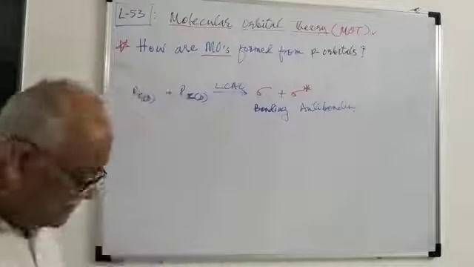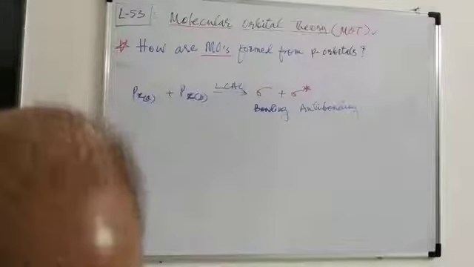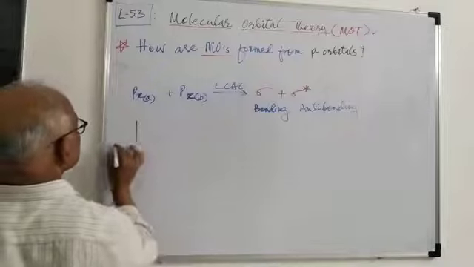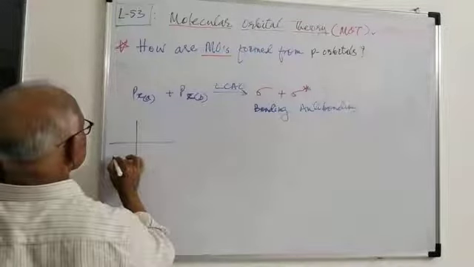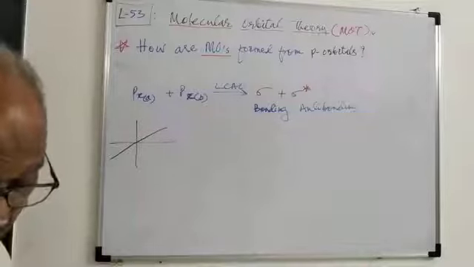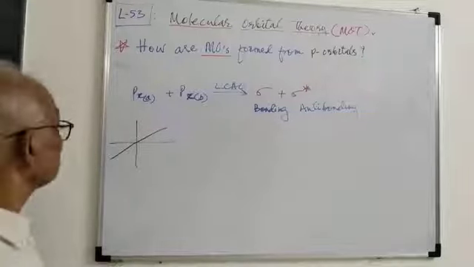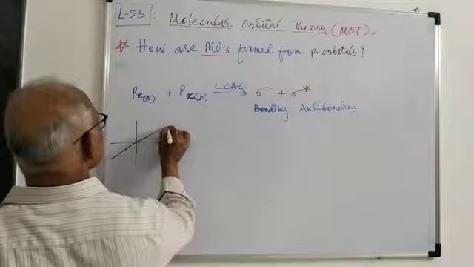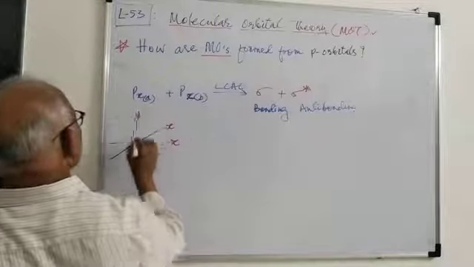So here we will see first the px orbital. We will show this as, say, this is the z axis, this is the x axis, and this is the y axis.